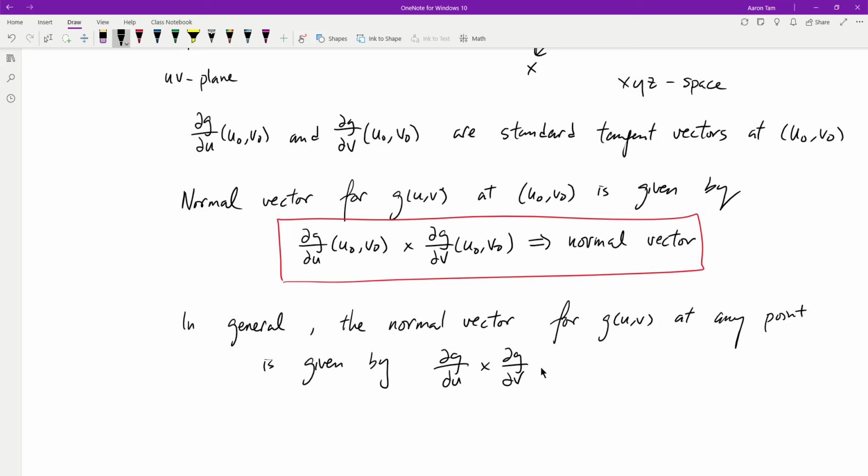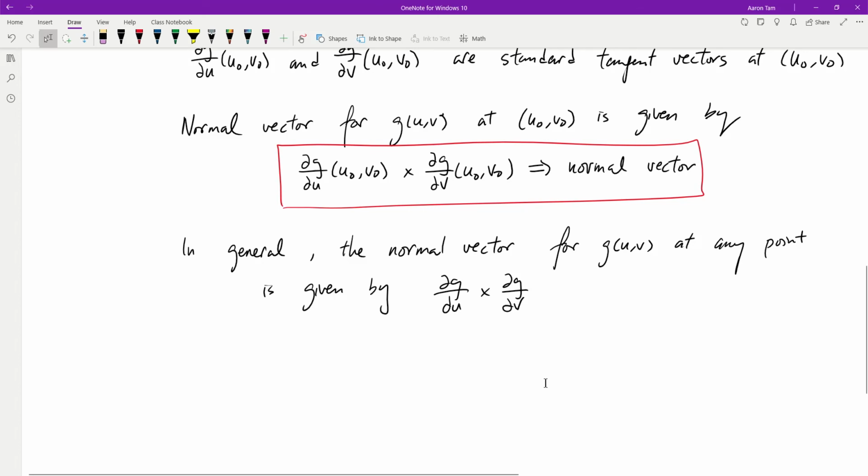And then that will give you a formula that you can then use to evaluate the normal vector by plugging in u sub 0, v sub 0. So that would be important later on, so make sure you keep that in mind.